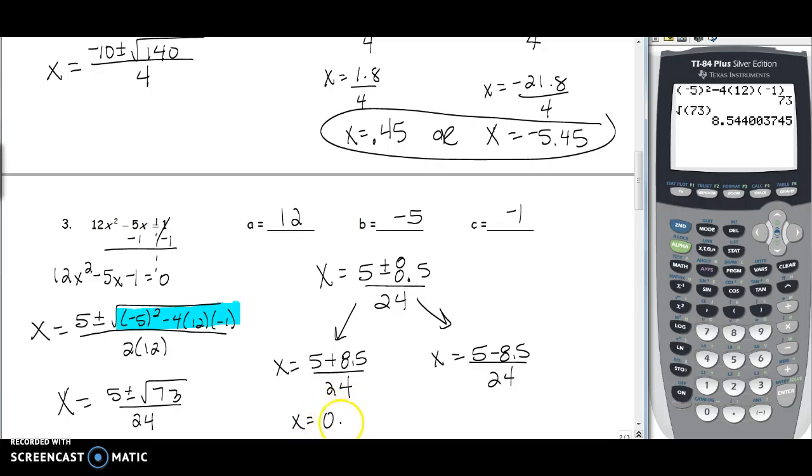And you should get 0.56. We're going to round to the nearest hundredth, 2 decimal places. Now do this one, 5 minus 8.5 divided by 24. What you should get is x equals negative 0.15. So those are your answers.